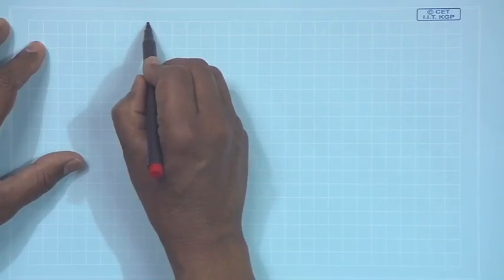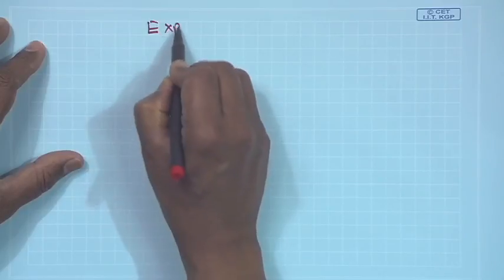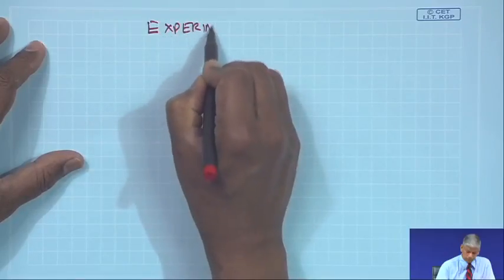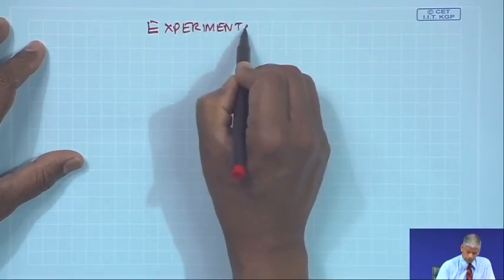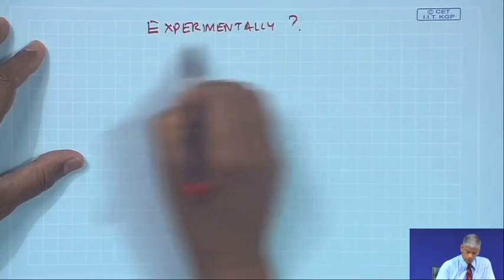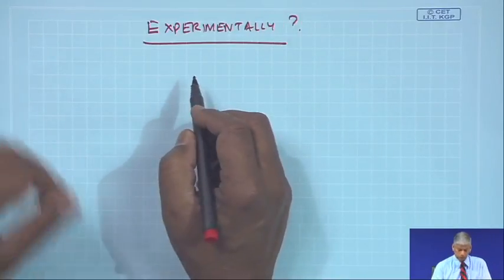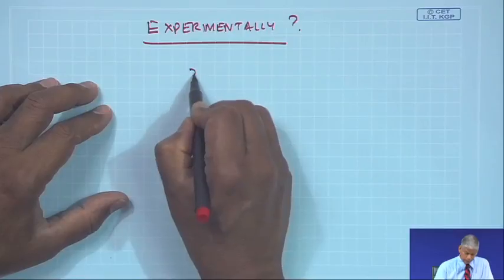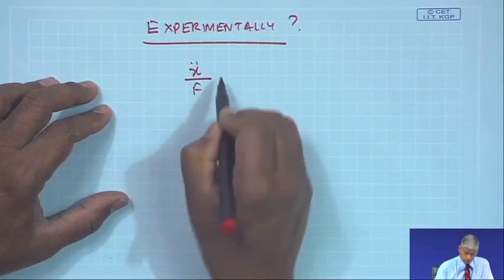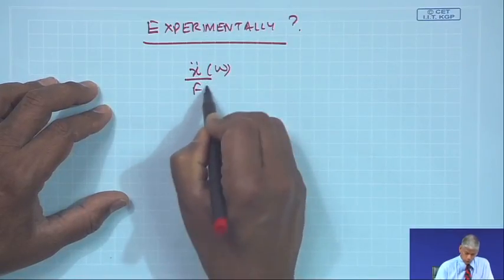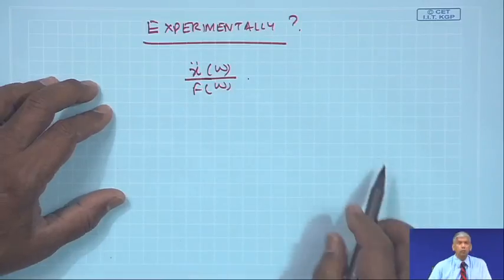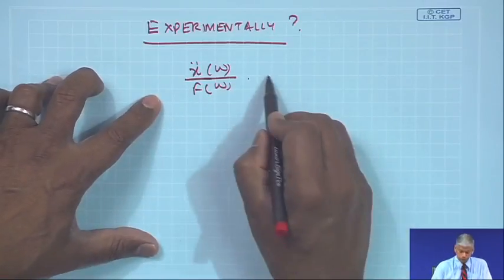But the question is, how do we find these conditions experimentally? As you would have seen, this response x double dot by F, both in the frequency domain, is nothing but a ratio of the response to the force.